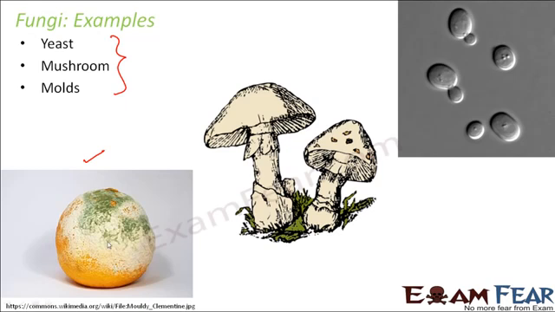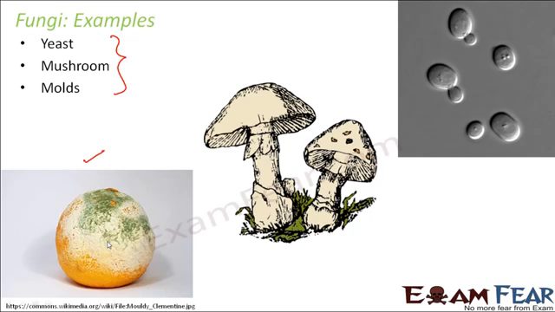If you keep an orange or any other fruit, do not refrigerate it, keep it at room temperature for quite a few days, what happens? You see a white layer formed on the surface of the fruit. This layer is due to the growth of fungi, and these fungi specifically are molds.